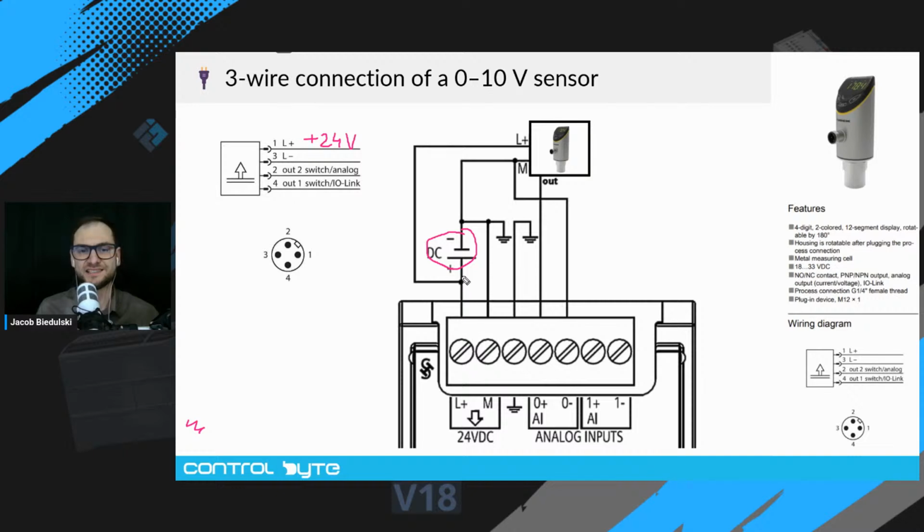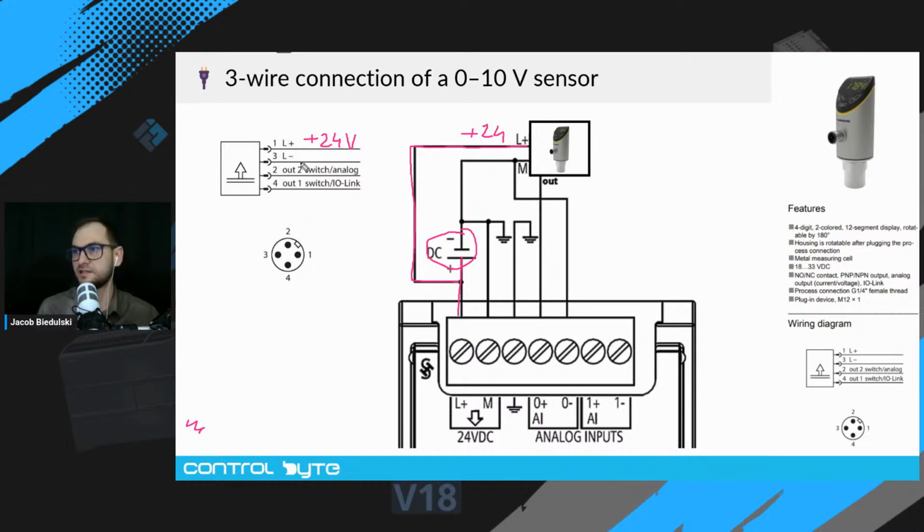As you can see, the Siemens module has the same power supply as the sensor, okay? So we power from the same SMPS the module L plus M, and the sensor. This is L plus connection to the sensor, plus 24 volts, okay?